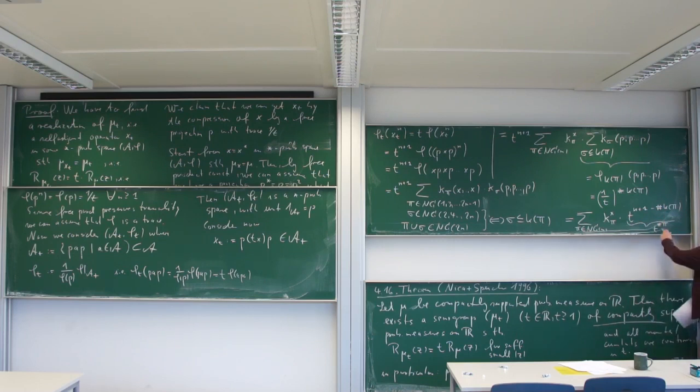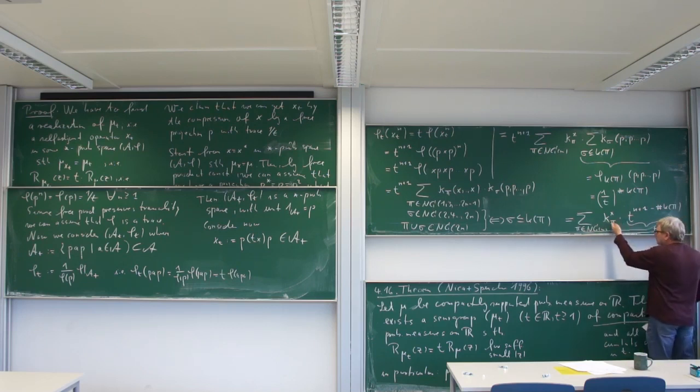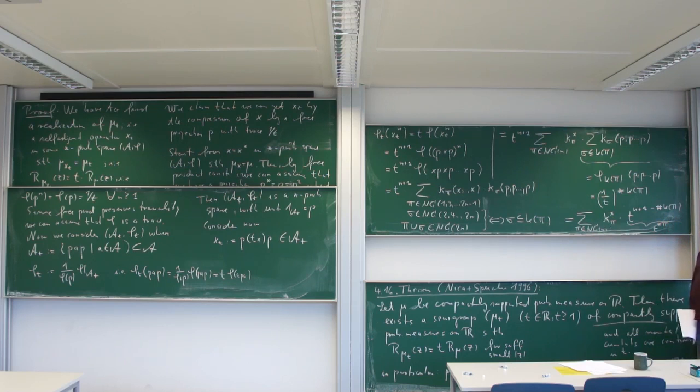And now you see that this fits very nicely, because here you have a product of cumulants, and for each block you have a t. So you can just multiply each cumulant appearing here with a t. And this, in the end, tells you that the cumulants of this new guy are just t times the cumulants of the original guy.